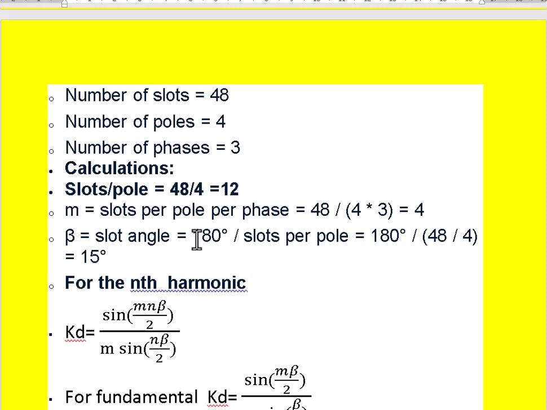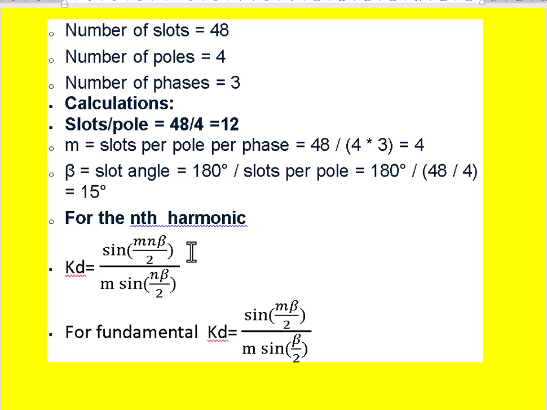Slots per pole already calculated as 12. So then 180 divided by 12 will give 15 degrees. So in this analysis we found for this data the number of slots per pole per phase, M is equal to 4, and the slot angle is 15 degrees.